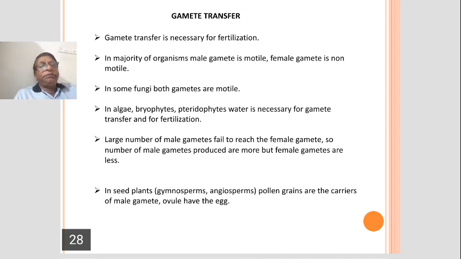You know that in gymnosperms, the pollen grains are the carriers of male gamete. A very important point. Even in angiosperms, the male gamete is produced in the pollen grain. Ovule has the egg in angiosperms.